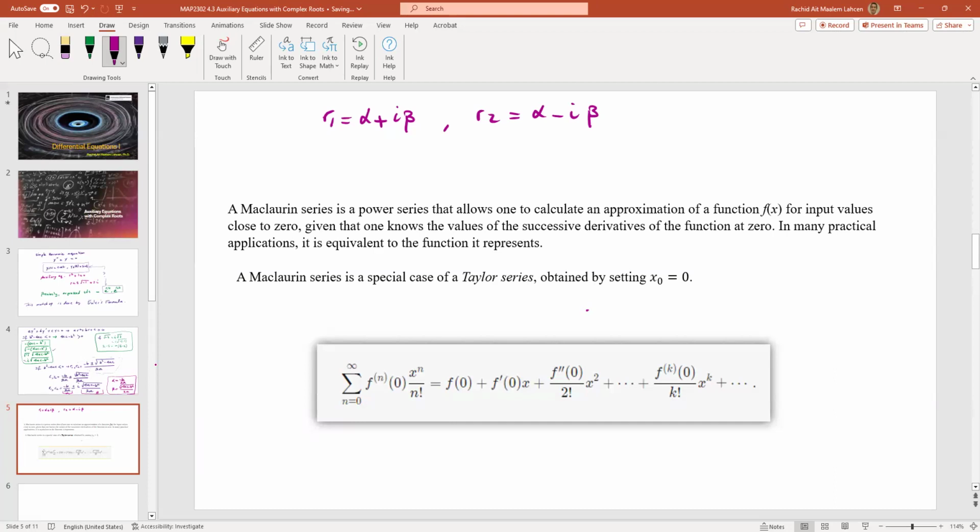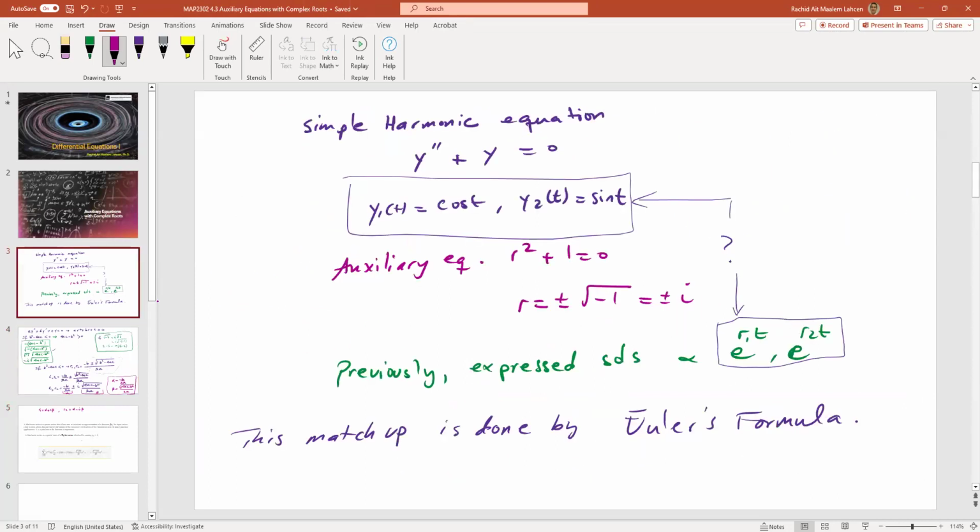But before we do that, let's show you something that we may run into. Remember, we're thinking that maybe we should connect these exponentials with this cosine and sine.